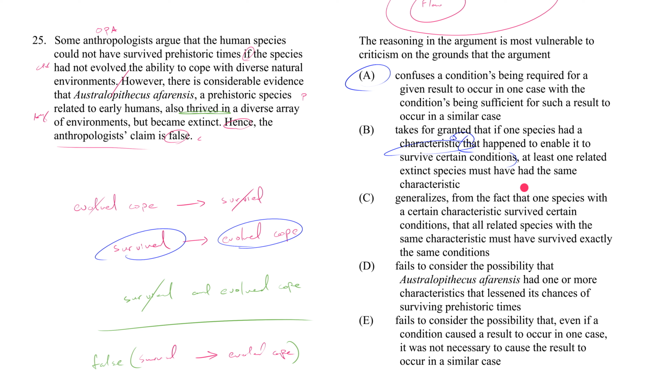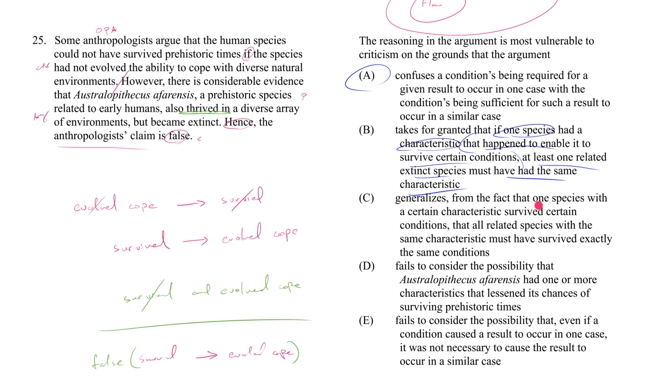So already B seems to fail the descriptive accuracy test, right? But let's come up with an argument where, let's say, one species, Homo sapiens, had a characteristic, being social, which, let's say, wasn't necessary, but it did happen to enable survival. So Homo sapiens being social happened to enable our survival. Then A. afarensis, at least one related extinct species, we conclude must also have been social.